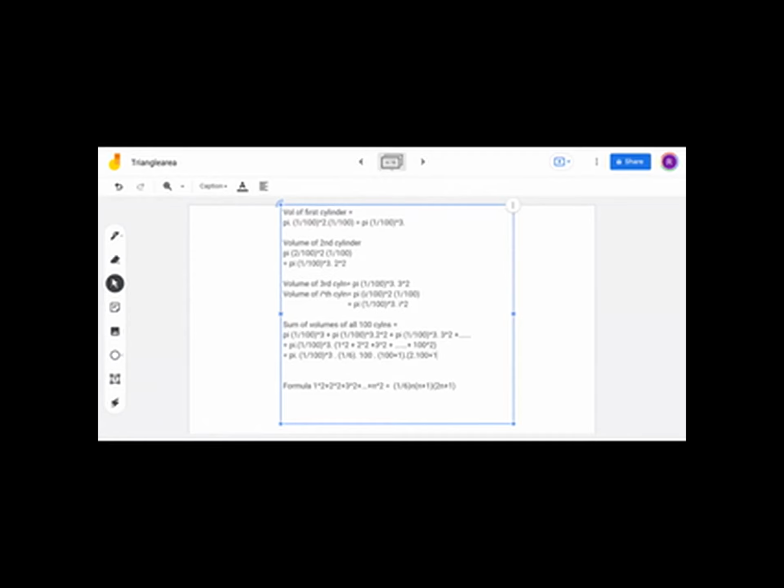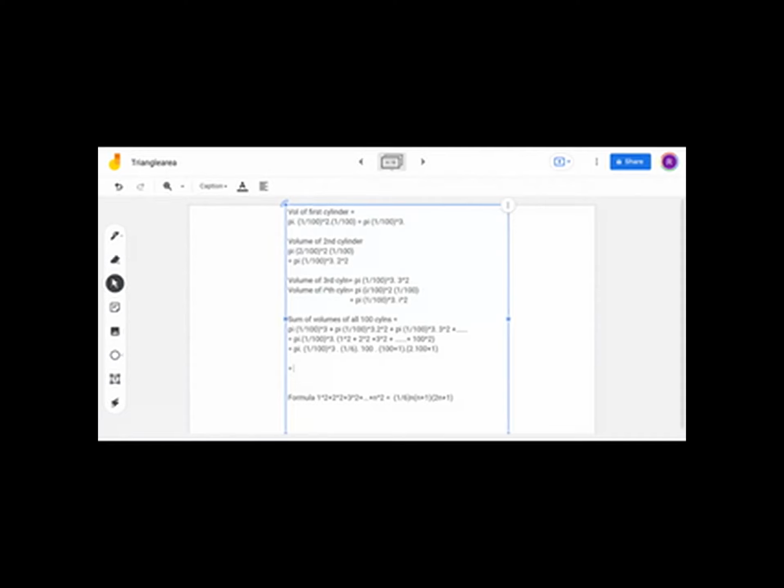Yes, sir. Okay. Now tell me, how much is this approximately? So I have 100 here, so I have 300 in the denominator here, right? I have 1 by 100 cube, and I have 100 here, and this is 100 plus 1, and this is 201.